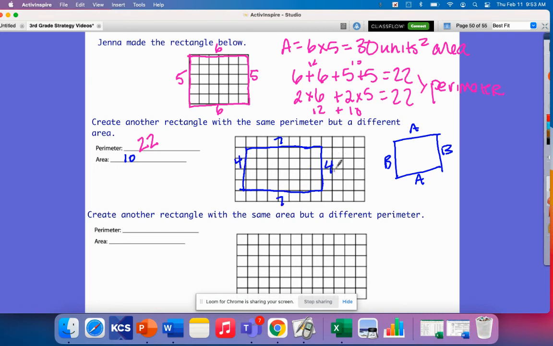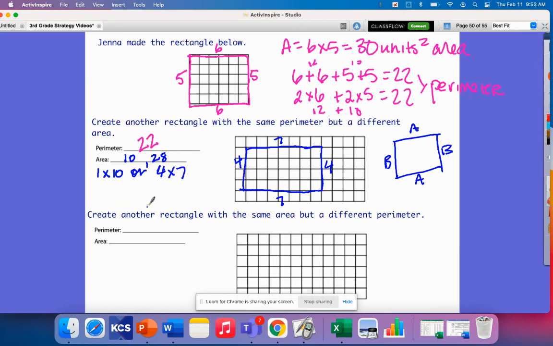So 4 plus 4 is 8. 7 plus 7 is 14. That would be a perimeter of 22, but this would have an area of 28. So I could have a 1 by 10, or I can have a 4 by 7. That would have the same perimeter, but a different area.